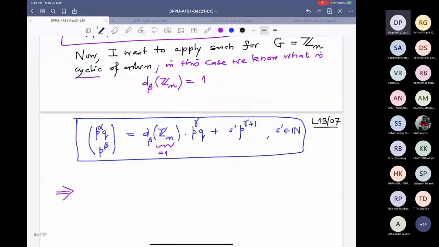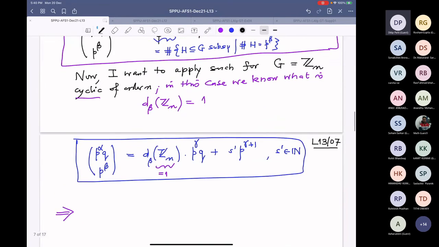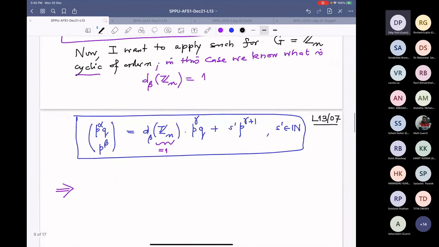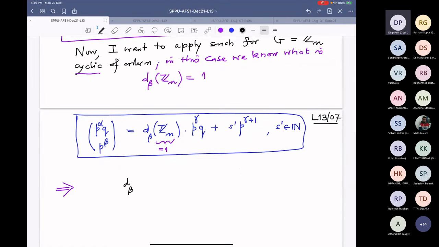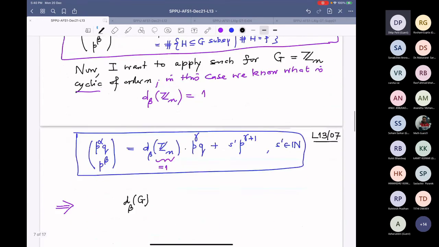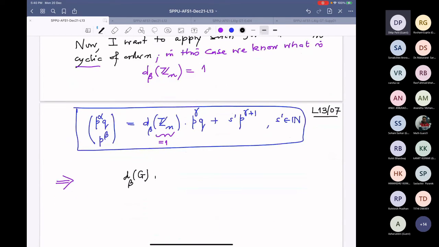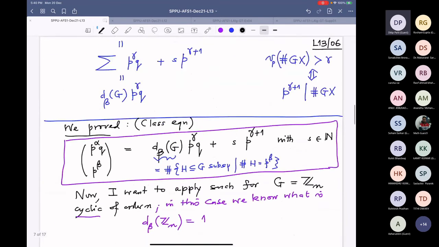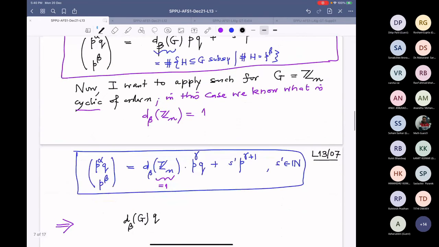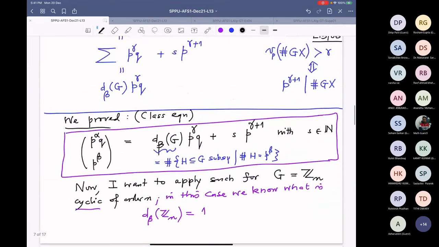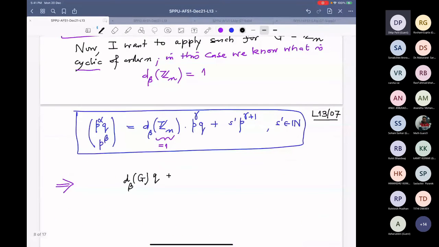So what do I get? I will write here, we are interested in d beta G. I have cancelled p power gamma, so this is only a pure number, so you can do any calculation. So Q plus S times p.